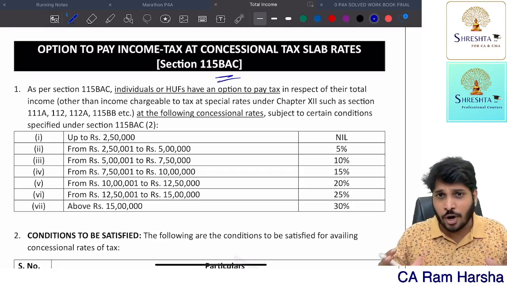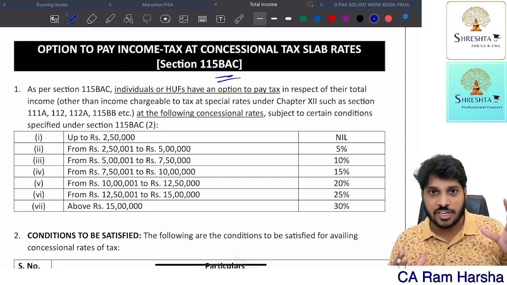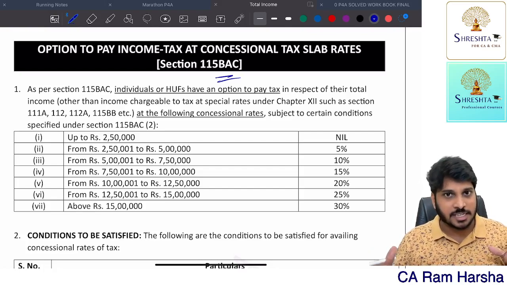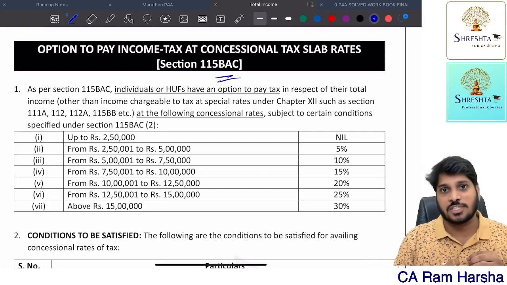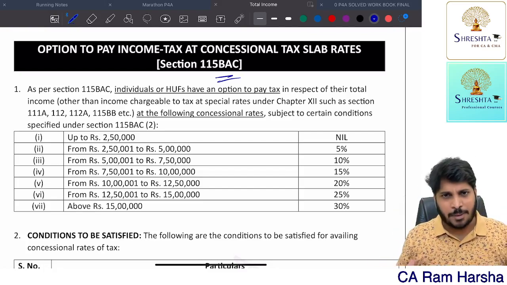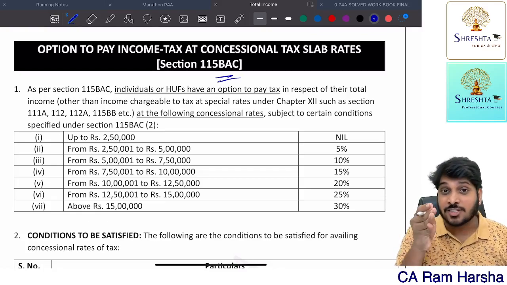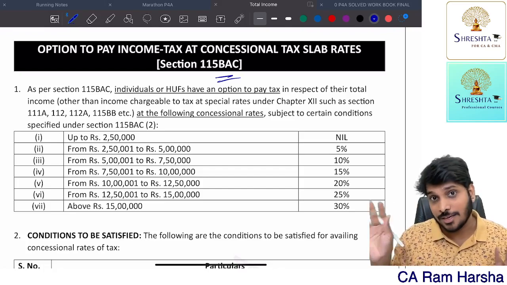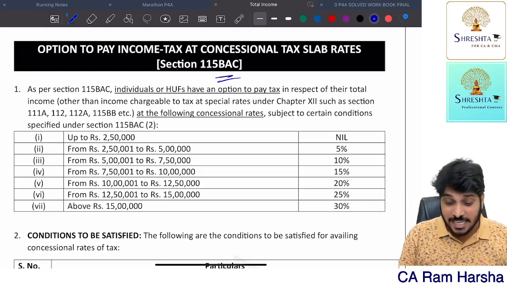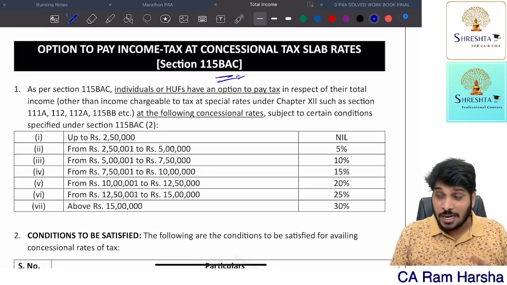Now I hope you have gone through the salaries chapter, the tax computation introduction chapter, or PGBP, or chapter 6 deductions, or set off and carry forward chapter. Everywhere, when a practical question is given, at the end you will find either "assume that the assessee has not opted for 115BAC" or "assume that the assessee has opted for 115BAC."